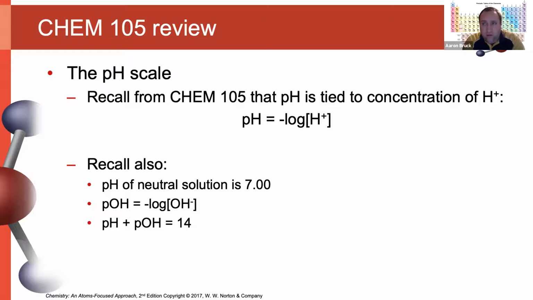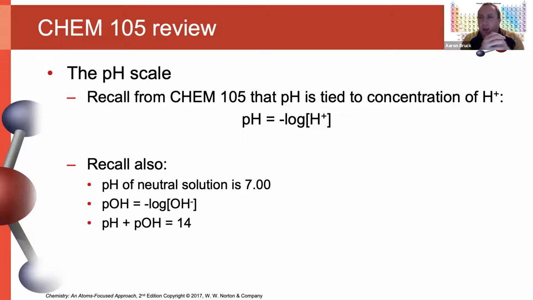You probably also remember that the pH for a neutral solution is 7, pHs for acidic solutions are less than 7, and pHs for basic solutions are greater than 7. We can find the analog to pH, the pOH, by taking the negative log of the concentration of the hydroxide ion, and pH and pOH together equal 14.